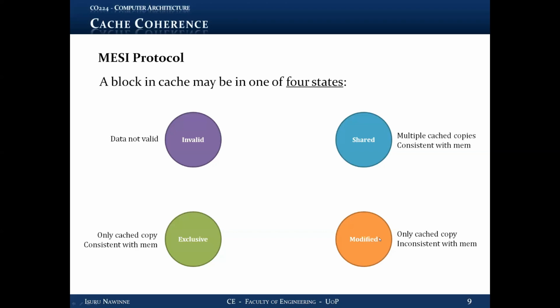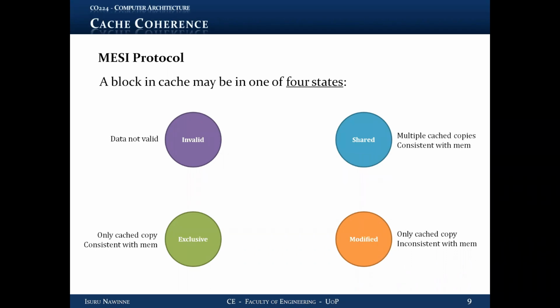So if a particular cache controller sees a block in its storage that is marked as modified, that means that is the most recent, up-to-date value, and even the memory does not have the up-to-date value. And other caches don't have a copy of this block.